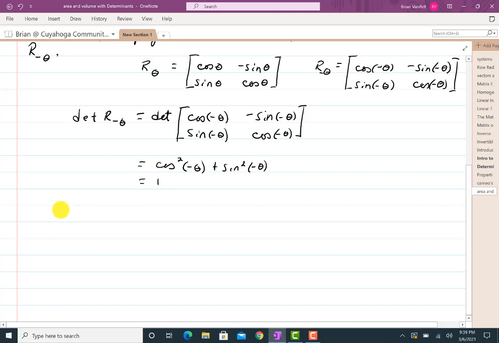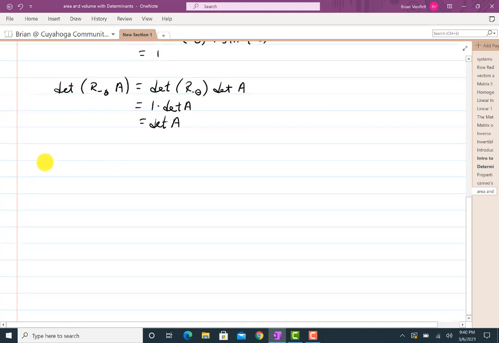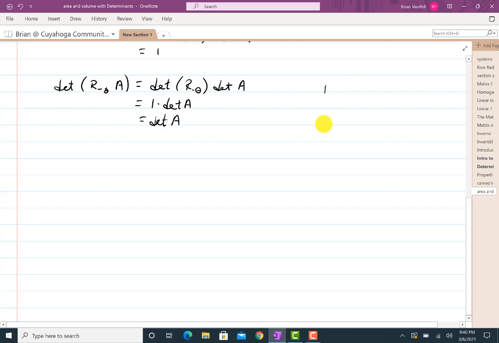So what does that mean? If I look at the determinant of R sub negative theta times A, I can break that up into the determinant of R sub negative theta times the determinant of A, and I have 1 times the determinant of A, which is the determinant of A. So applying this rotation matrix has done nothing to change the value of the determinant, but it has also achieved a second thing at the same time.